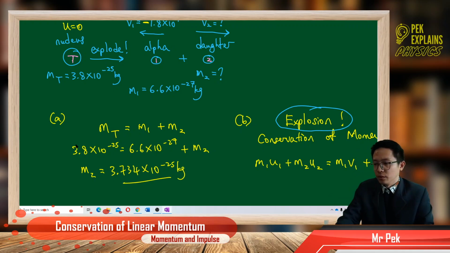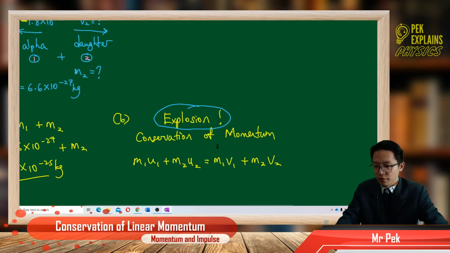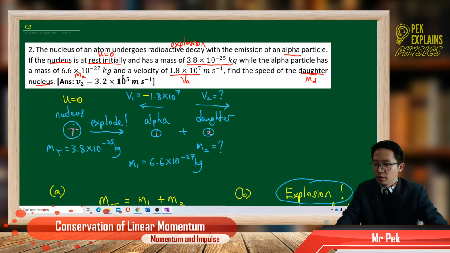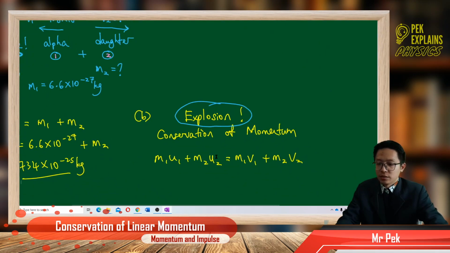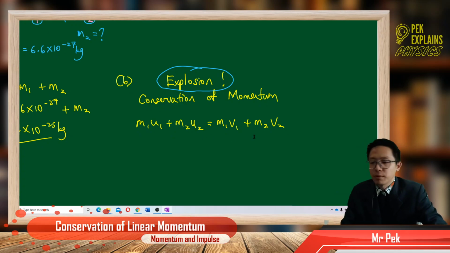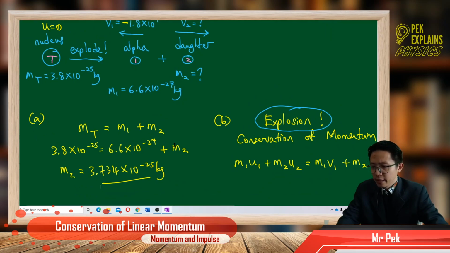Okay, so for explosion, the principle of conservation of momentum also applies. No matter if it's elastic or inelastic collision, both apply conservation of momentum. So to find the final velocity of the daughter: m1u1 plus m2u2 equals m1v1 plus m2v2. Just substitute all the information we have.